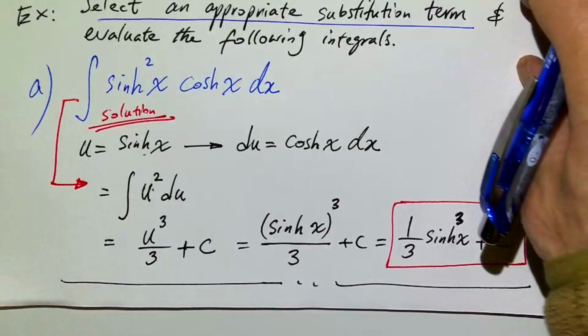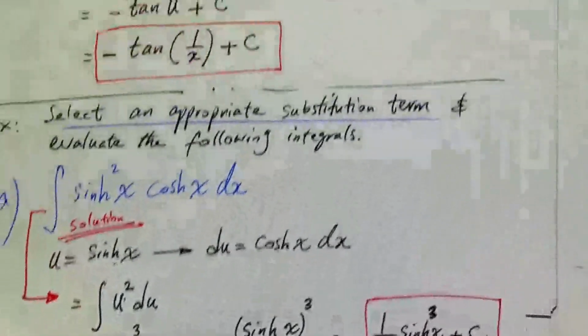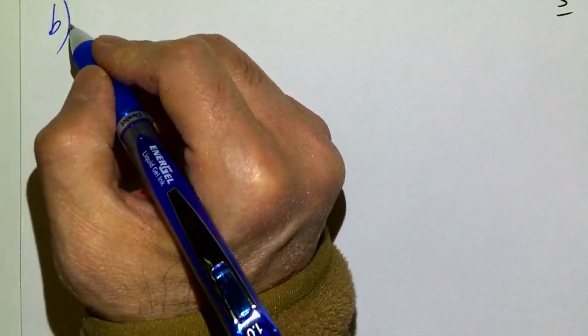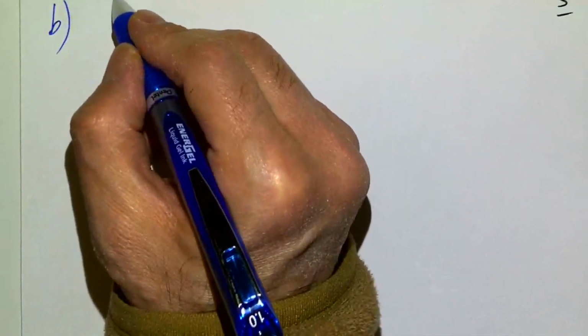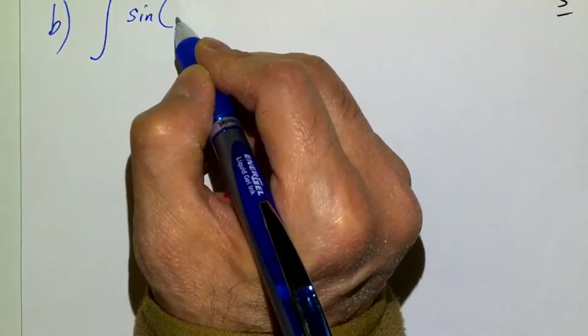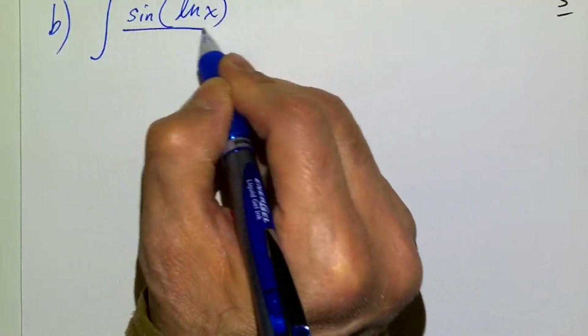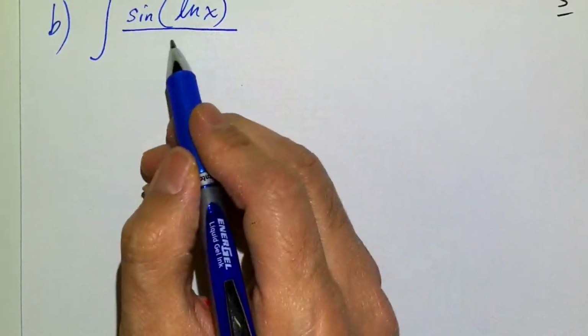All right. So let's do another example of this kind where the u is up to us to pick. So suppose we have sine of natural log of x over x.